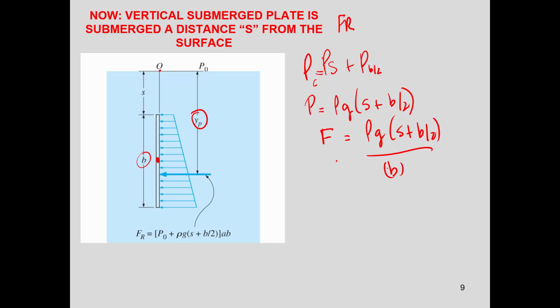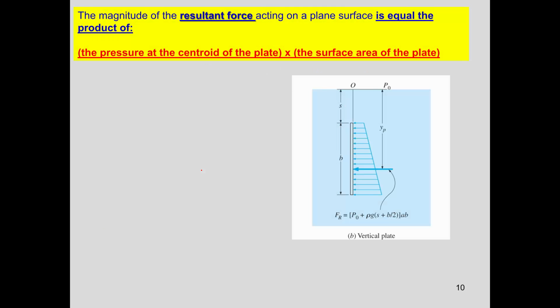Let's say that this is B and has a width A. The location of that force is different, the pressure point. So this is located in a different place, and that's what we'll see how you can calculate.